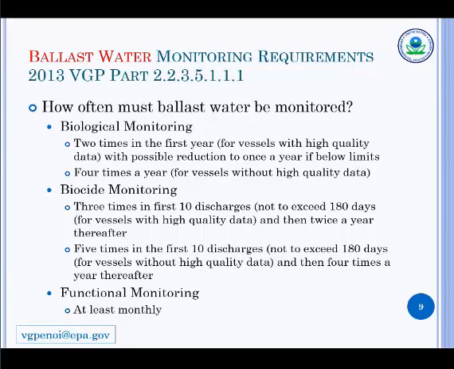Note that with all the monitoring, as I mentioned previously, where a vessel is required to monitor and monitors more frequently than required and uses methods specified in the permit to do so, then the results of that additional monitoring must also be submitted to EPA. This is particularly relevant to functional monitoring, where many of the parameters to be monitored are monitored continuously while the treatment system is operating.